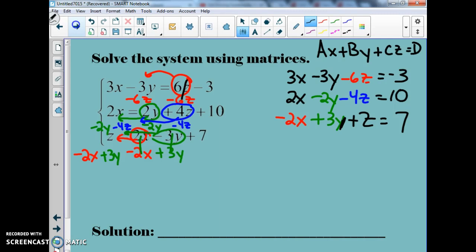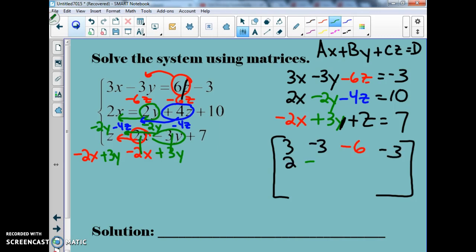Okay? Now, if I'm going to put my matrix together, I'm going to enter in the following: 3, negative 3, negative 6, and negative 3, 2, negative 2, negative 4, 10, negative 2, 3, 1, and 7.